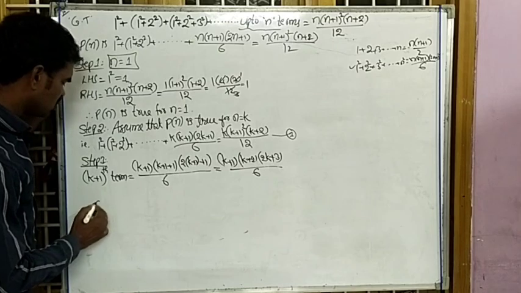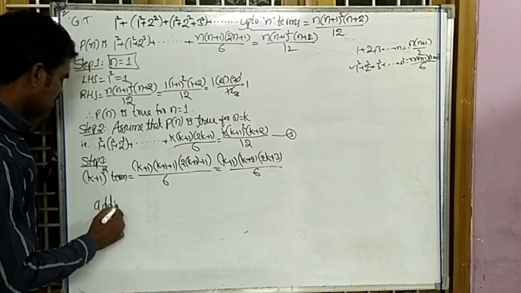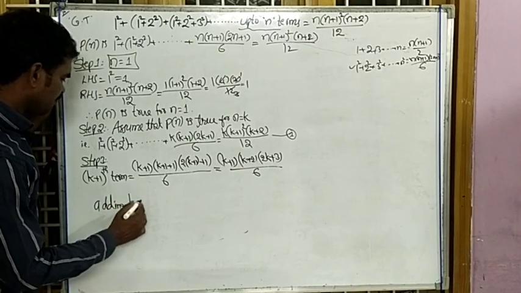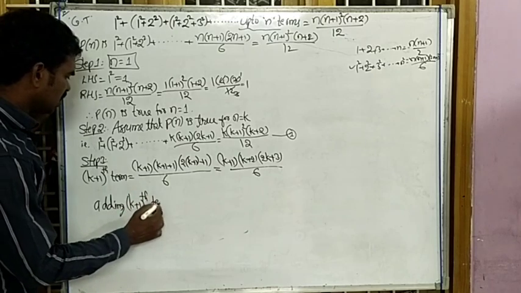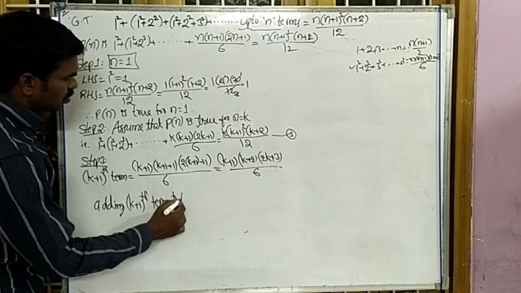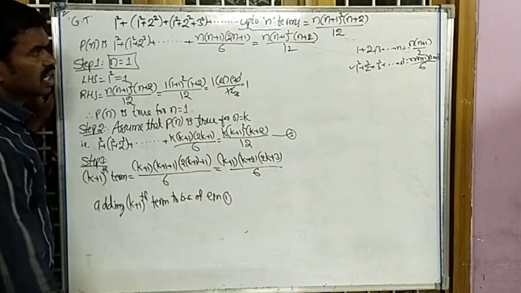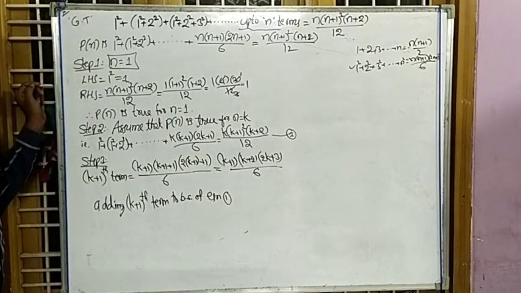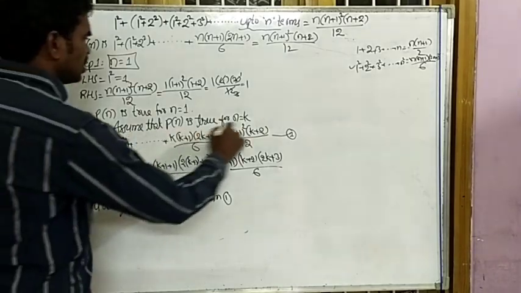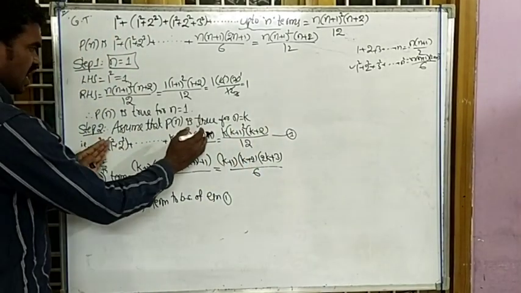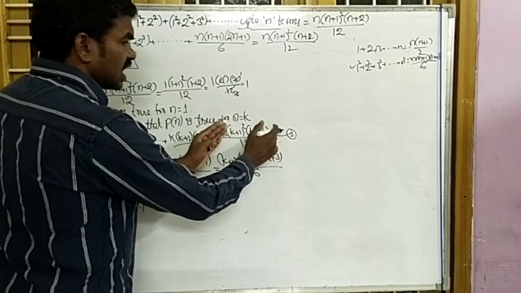After getting the k plus 1 term, immediately add the k plus 1th term to both sides of equation 1. So what is equation 1? This is equation 1. Write it as it is.